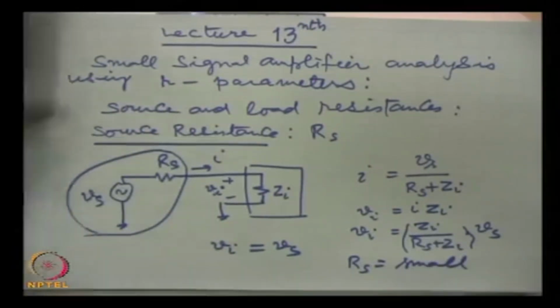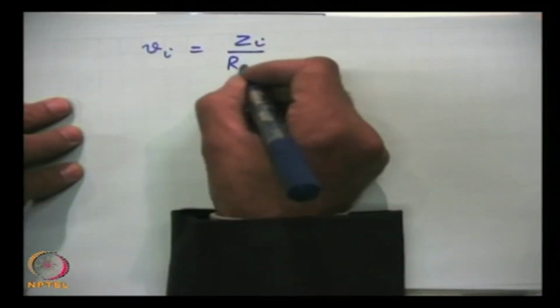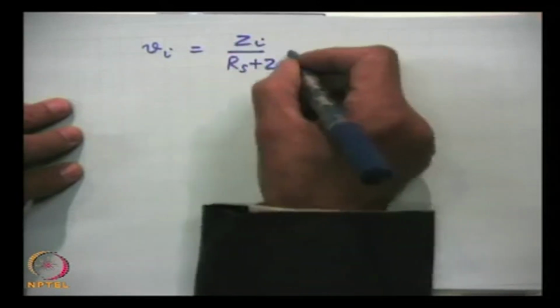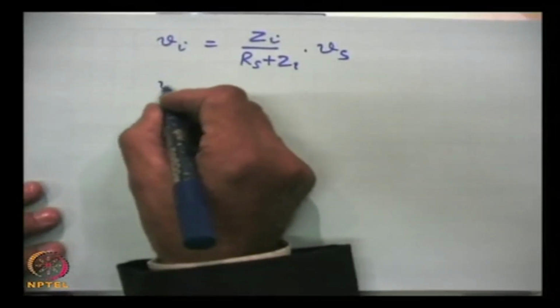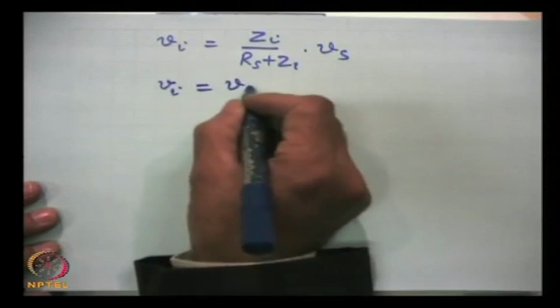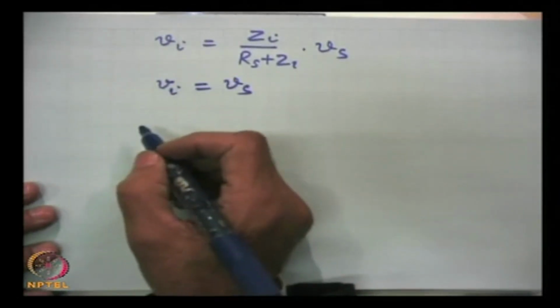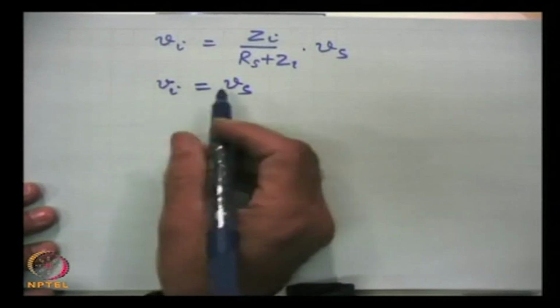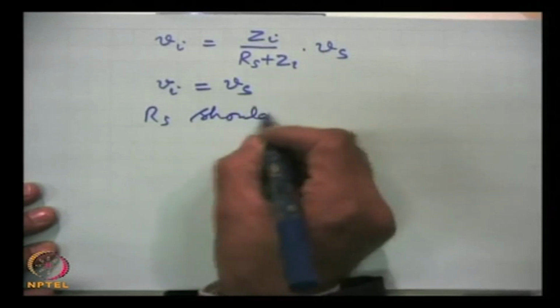So, we should use a source which has low resistance, Rs should be low.